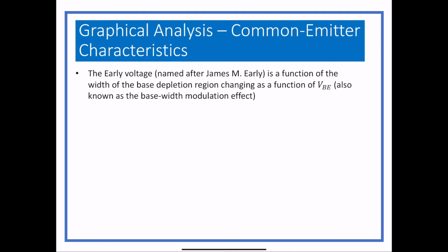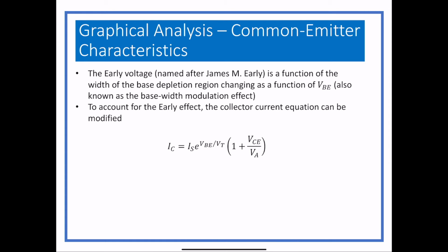But in order to account for the fact that the curves tip up, we have to change the collector current equation a bit. All that's doing is accounting for the fact that for different values of VBE, you will have a different base width in the depletion region at the base.